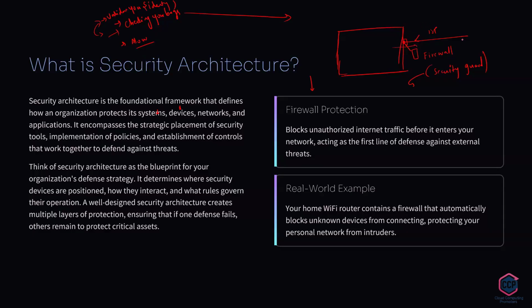In a firewall we have policies written, and we create zones like internal zone and external zone. A firewall has capabilities, like layer 4 capabilities or layer 7 capabilities, where it will monitor the network traffic.